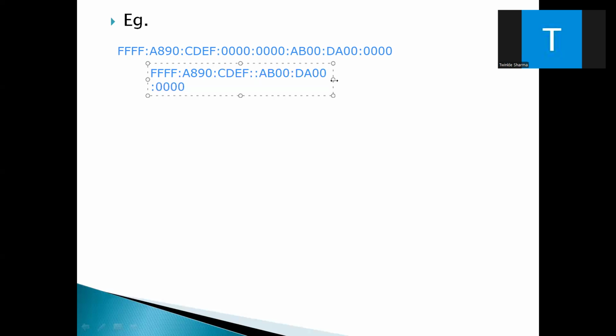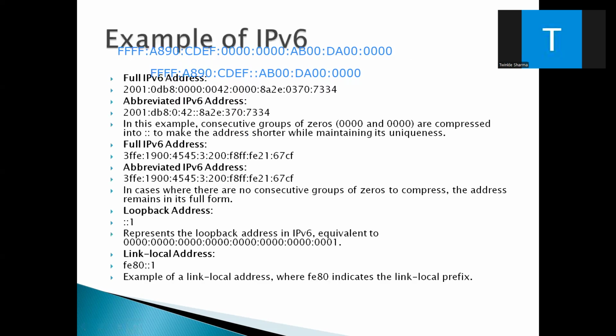This is our abbreviated IP address. Then we also have some more examples of abbreviated IP addresses in other cases. This is the normal case and we have other cases. So the full IPv6 address is 2001 0db8 this.